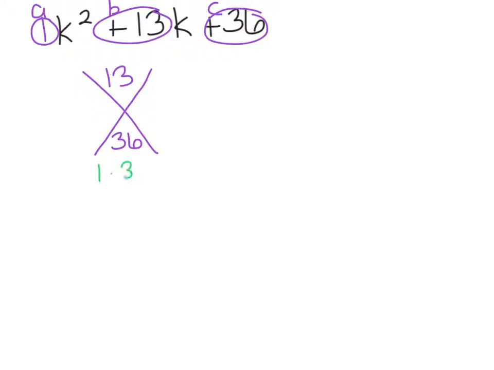So you have 1 times 36, does not add to 13. 2 times 18, does not work. 3 times 12, does not work. 4 times 9, does work. So 4 times 9 is 36, 4 plus 9 is 13.